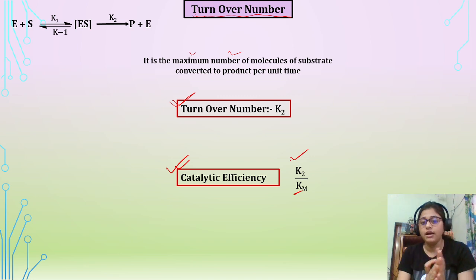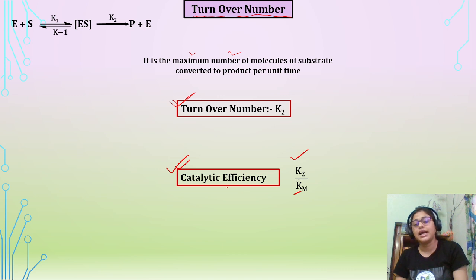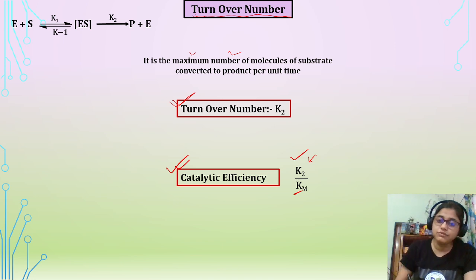The values of many terms can be given, and you can be asked what the catalytic efficiency of the reaction is. If you know that it is equal to K2 by Km, you can answer this within 1 minute, let's say. So you have to have this idea.